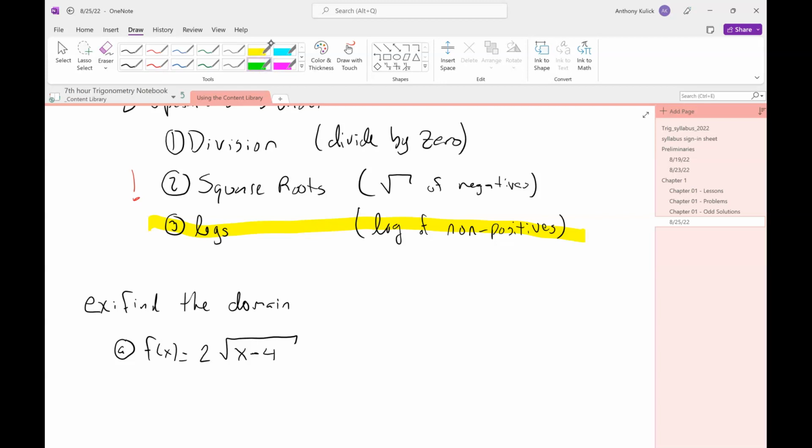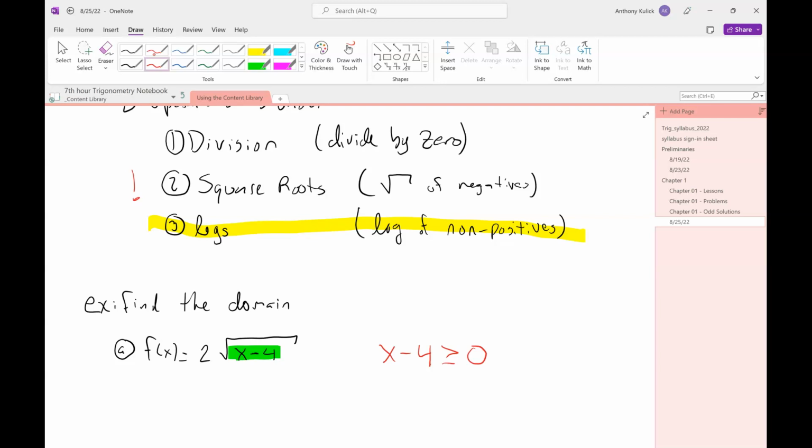So what values can I take the square root of? Only the non-negatives. So the things I can take the square root of have to be greater than or equal to 0. Everybody's okay with that idea?